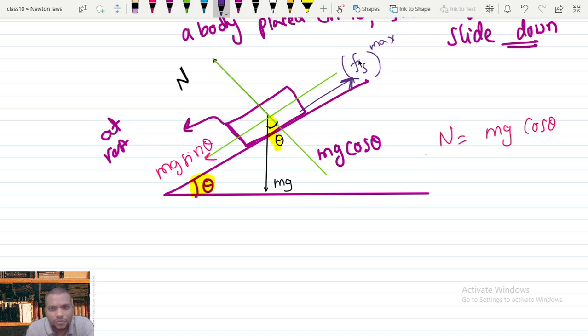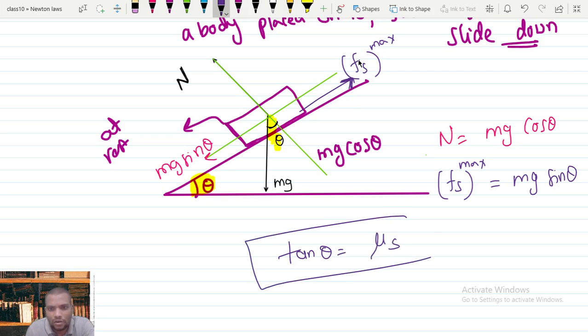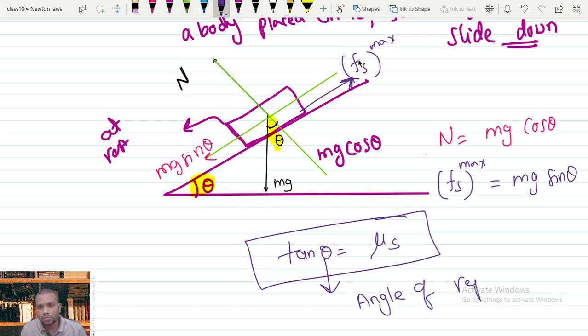Since N equals mg cos theta, Fs max equals mg sin theta. So from this we get the expression tan theta equals mu s, the coefficient of static friction. Here theta is what we defined as the angle of repose.